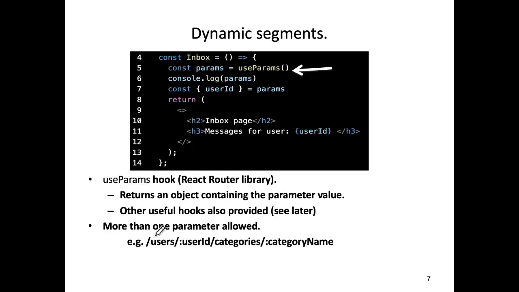In general, when you've got parameterized URLs, you can have more than one parameter within a path. So for example, here, suppose I've got both userId and also categoryName, as another variable within this overall path.